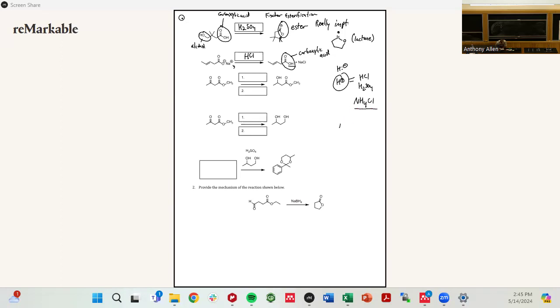So ammonium chloride is NH4Cl. Nitrogen is more electronegative than hydrogen, so actually all of those hydrogens have delta pluses. The nitrogen actually has the delta minus, even though there's the formal positive there.